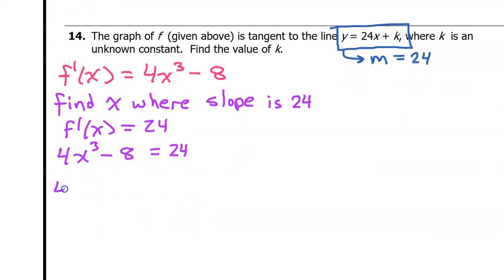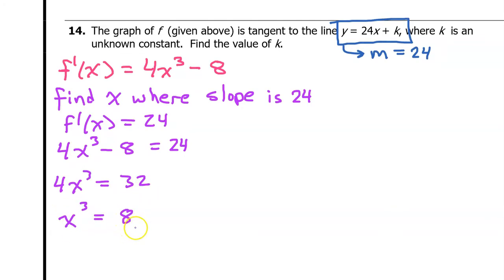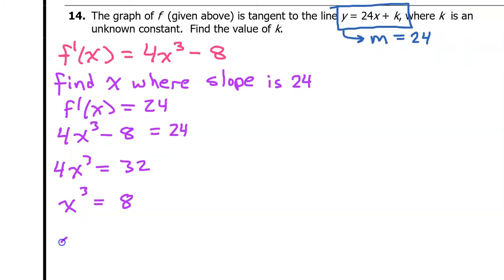Adding 8 to both sides, we have 4x to the third power is equal to 32. Dividing both sides by 4, we have x cubed is equal to 8. Taking the cube root of both sides, x is equal to 2.